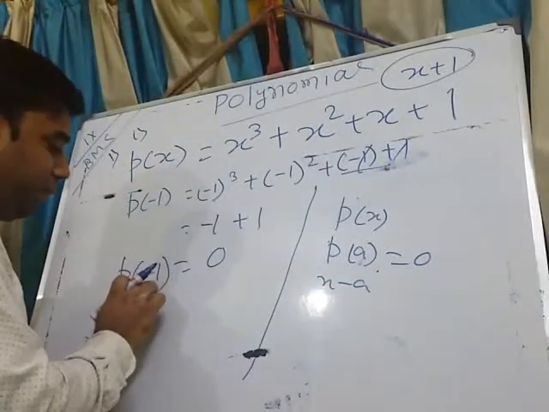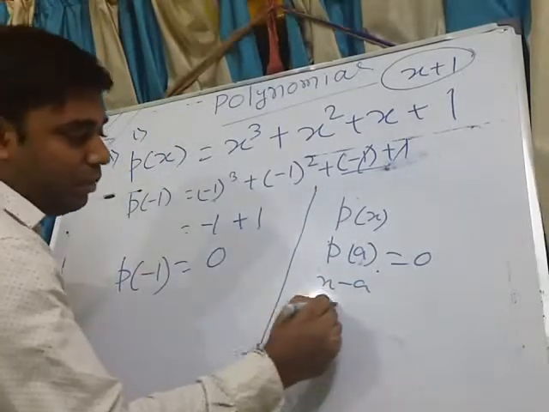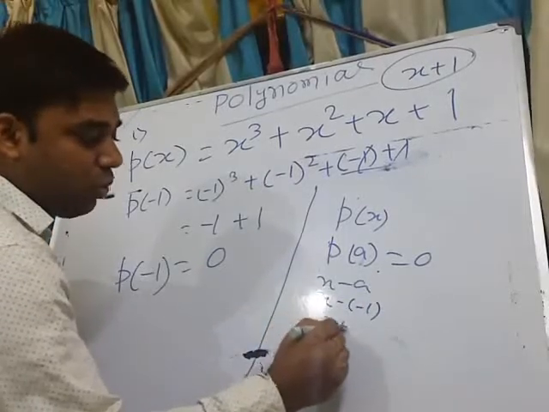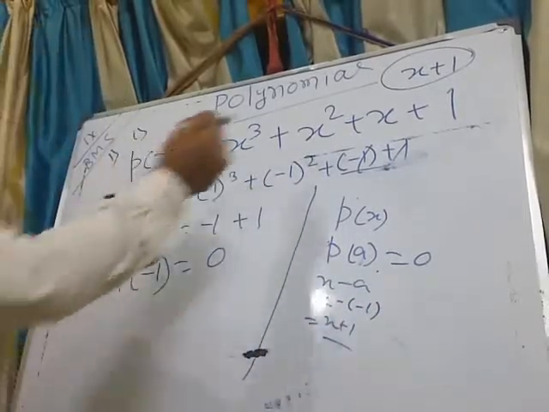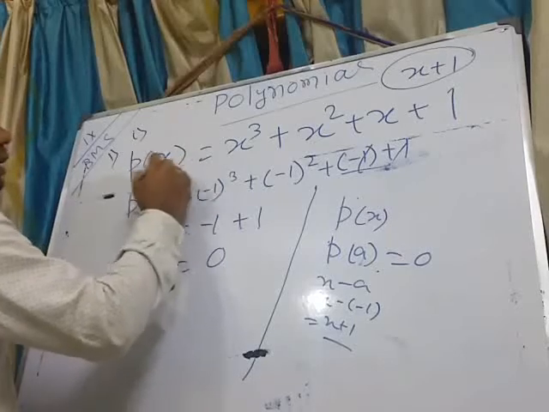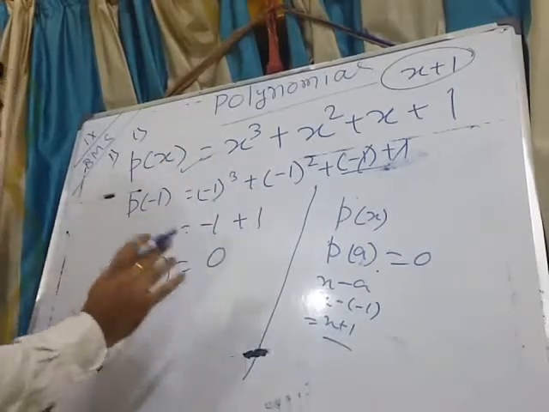In place of a we have minus 1, so x minus of minus 1, that is x plus 1. So x plus 1 is a factor of this polynomial as p(minus 1) = 0.